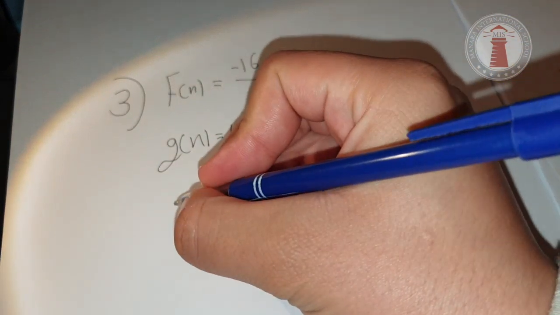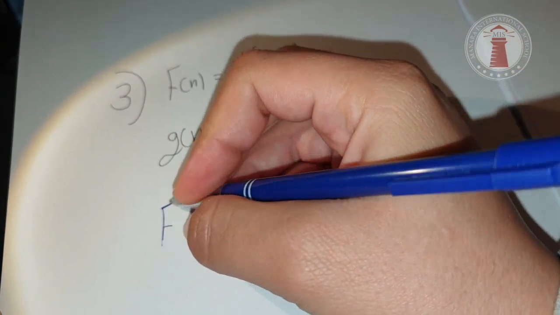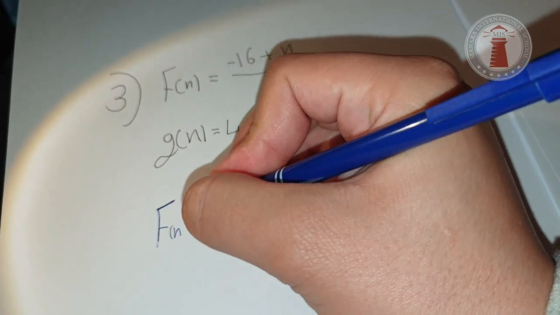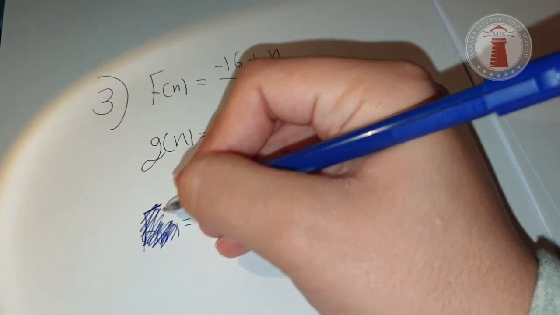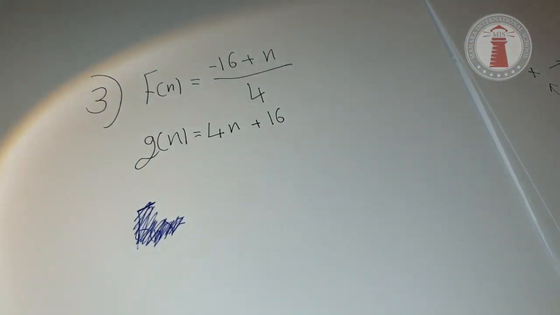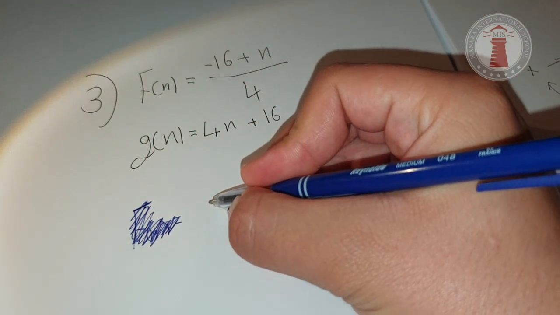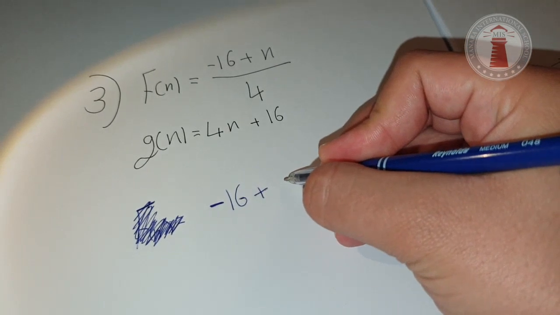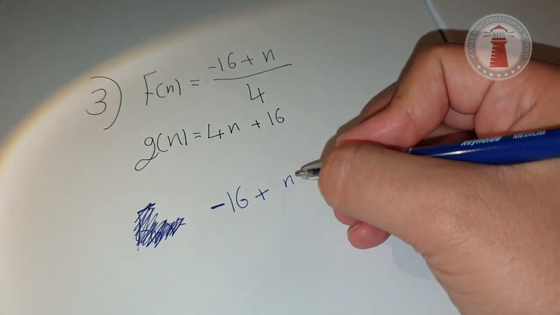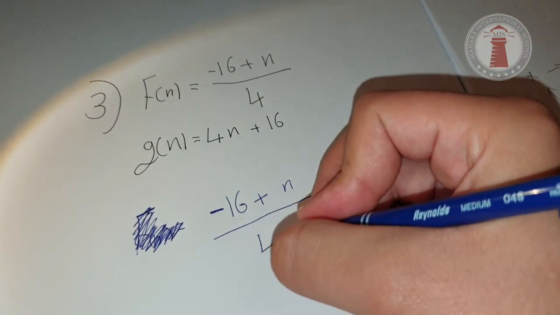Here we have f of n. I'm not going to write f of n here, because this is just to make sure of something. Here's what you do. Just take f of n, write it, which is negative 16 plus n over 4.